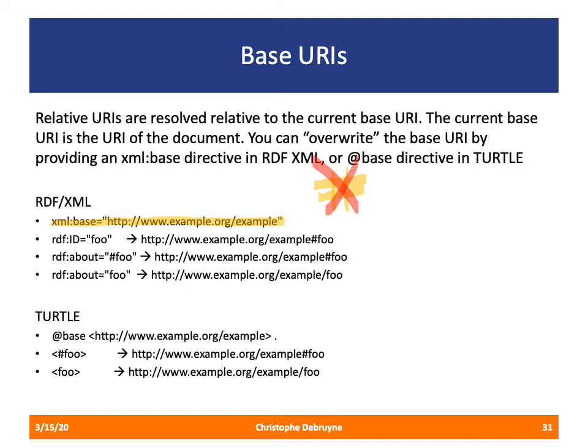And in RDF XML, if I were to declare a named node foo, then that named node will be a named node with a fragment declared relative to that base URI. If I were to use RDF about and I provide a fragment, then it will be describing something as a named node in that base URI.